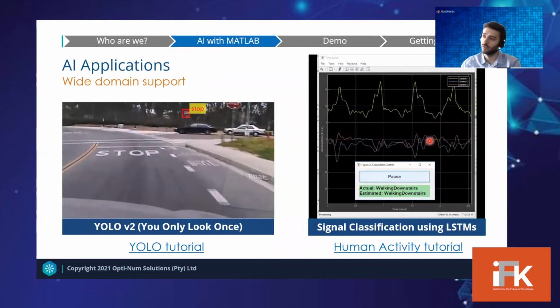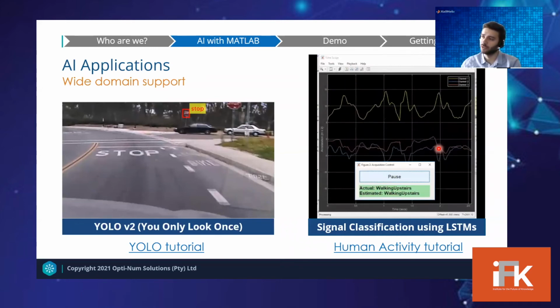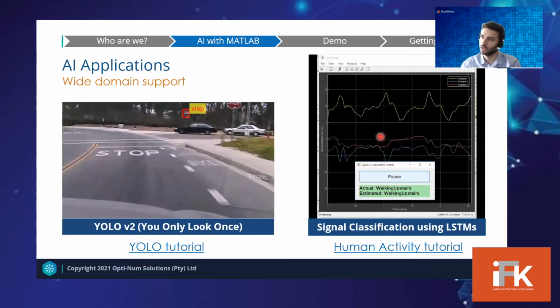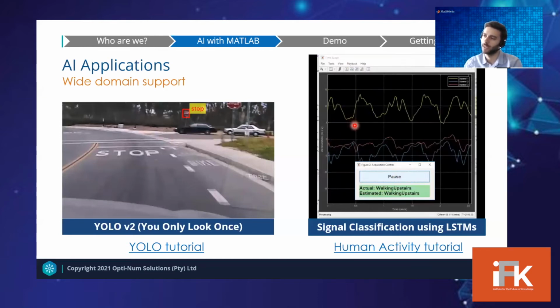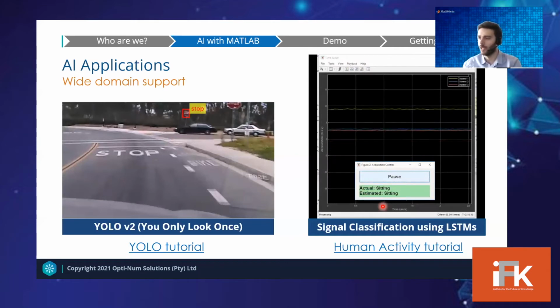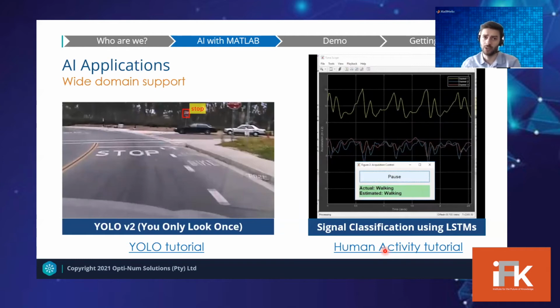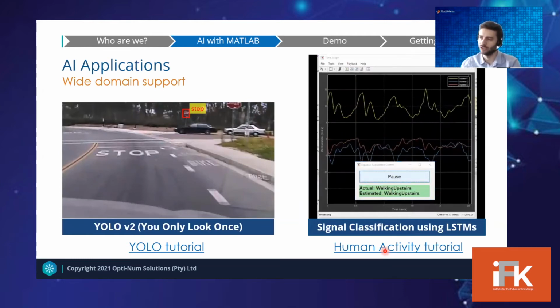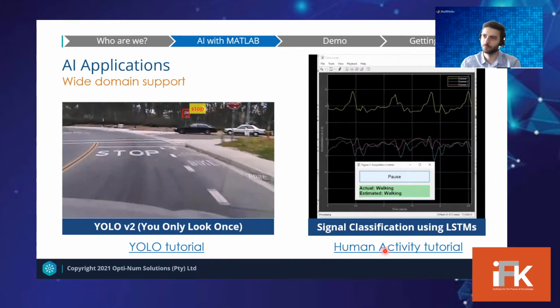If I'm walking, of course, there is high frequency content in my signal, and then I can understand also according to the components of the acceleration if I'm walking upstairs or downstairs. Again, this is a tutorial, an example that you can follow step by step in order to understand what's going on in this video.